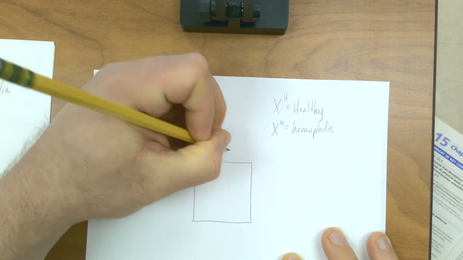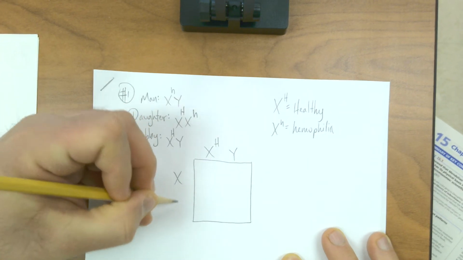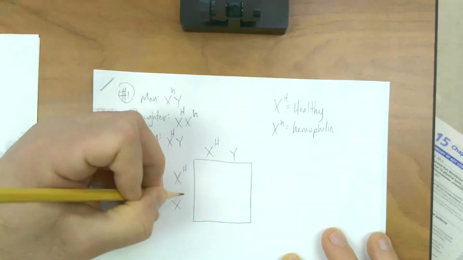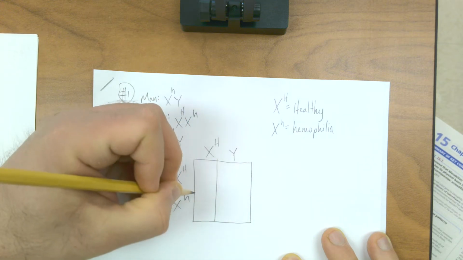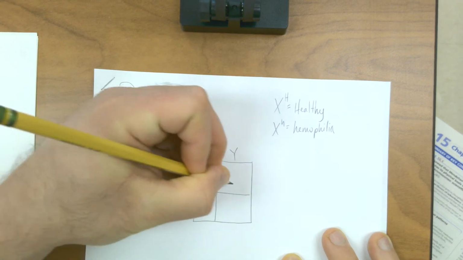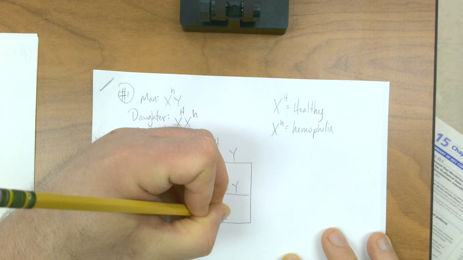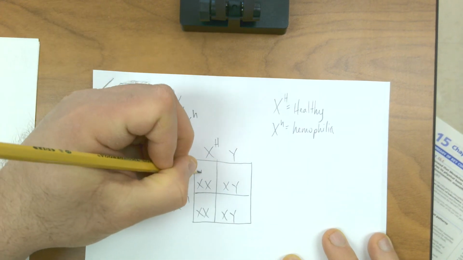And we'll put the husband's genotype, the daughter's genotype. And then my recommendation is filling out the X's and Y's, and then adding the alleles in superscript.